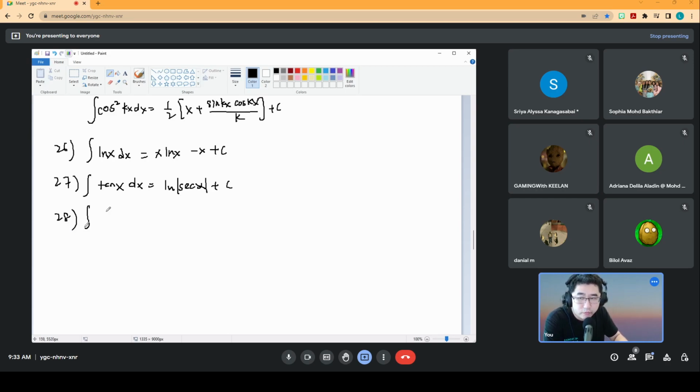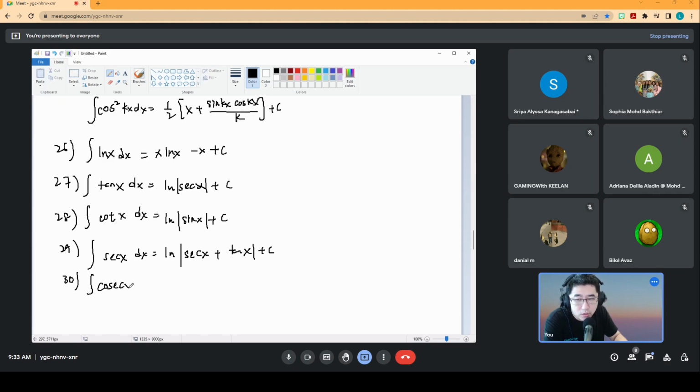28, we have cotangent x dx equals ln of sine x plus c. 29, we have secant x equals ln of secant x plus tangent x plus c. 30, we have cosecant x equals negative ln of cosecant x plus cotangent x plus c.